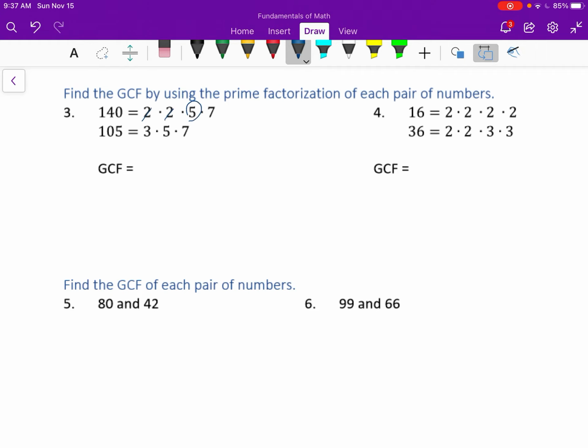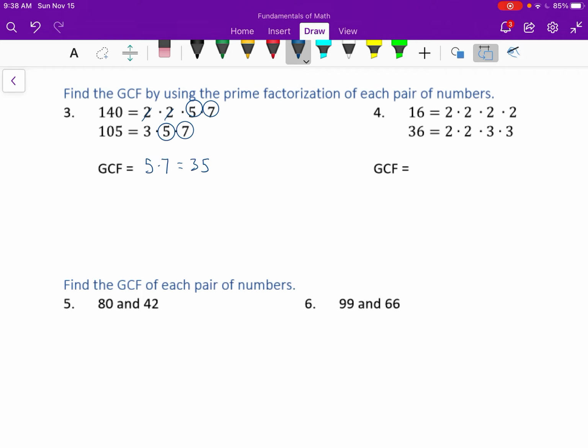Here's a 5. 5 and 5 are in common. And then 7 and 7 are in common. So our answer is just going to be 5 times 7, and 5 times 7 is 35. So it's nice and simple when you have the prime factorization. You circle the ones in common and then multiply them together.